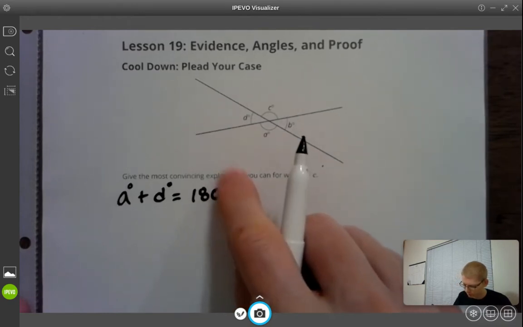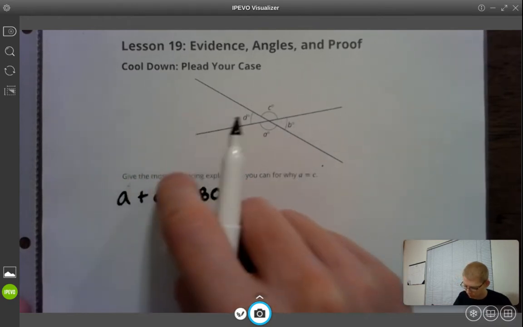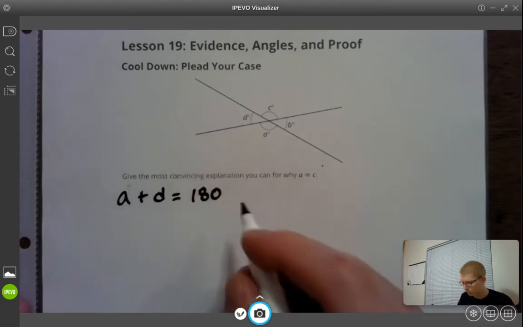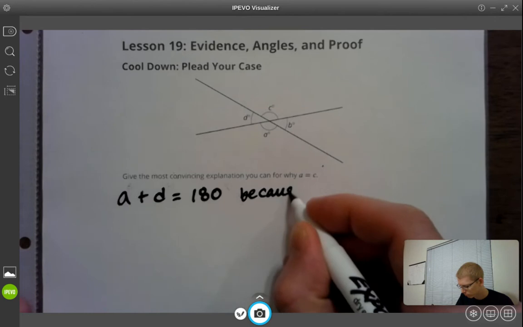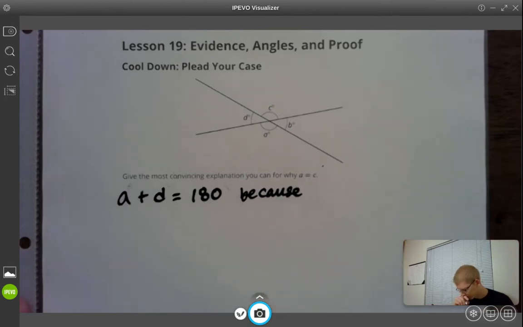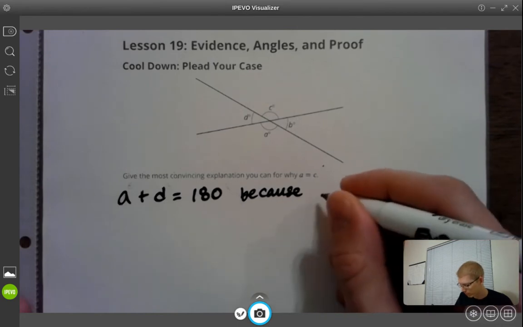Actually, for the purposes of this, we can get rid of the degrees. We don't need this. A plus D equals 180 because the angles with A and D degrees are a linear pair, so they are supplementary.